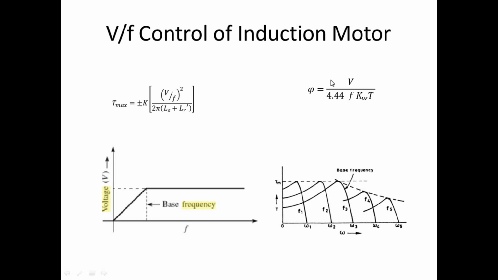So this is the speed-torque curve we are obtaining under V by F control. Up to base frequency, up to rated frequency or rated voltage, we will be getting the maximum torque at rated value as constant. Beyond that, we cannot increase the voltage, so frequency will be increasing and maximum torque will be decreasing.